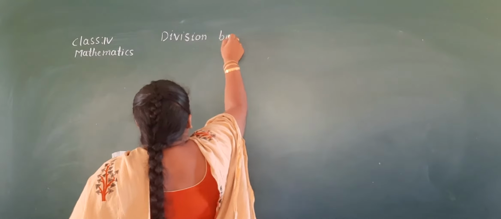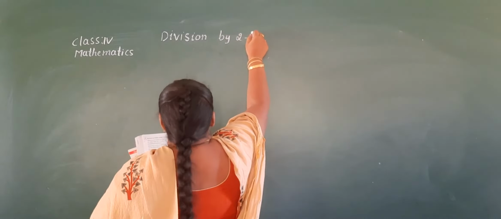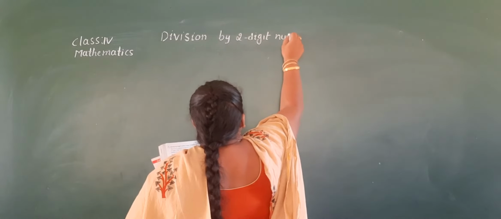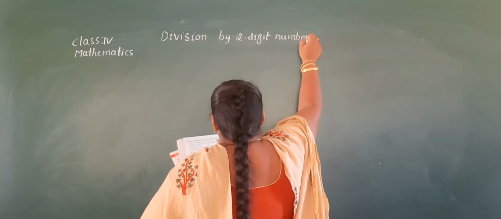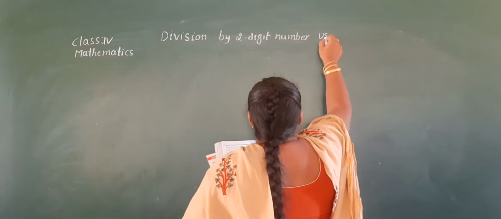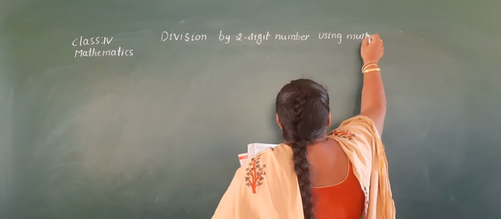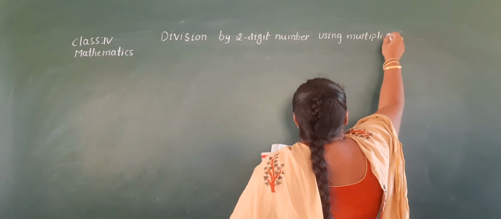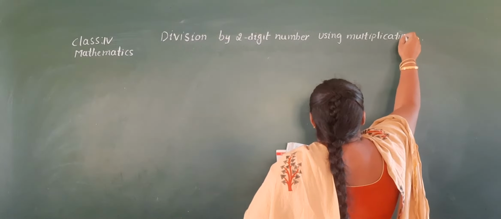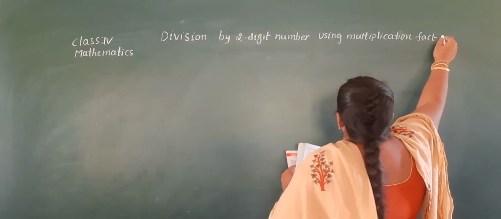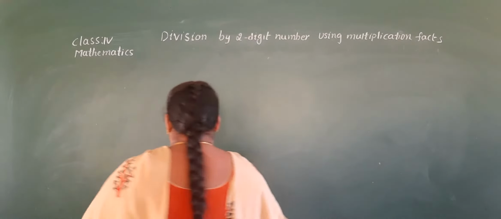Division by 2-digit number using multiplication fact. This is today's topic, children.